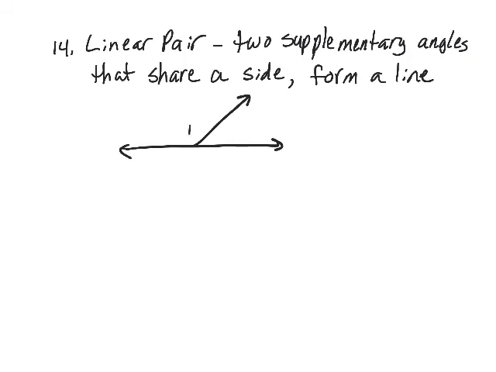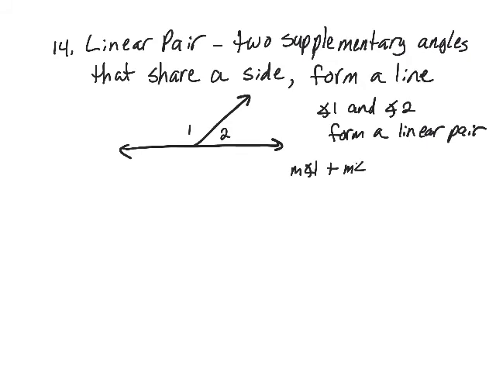If I label that angle 1 and angle 2, angle 1 and angle 2 form a linear pair. They have to be connected so they create a line. And the measure of angle 1 plus the measure of angle 2 is equal to 180 degrees. Angles on a line always add up to 180. So that's what a linear pair is.